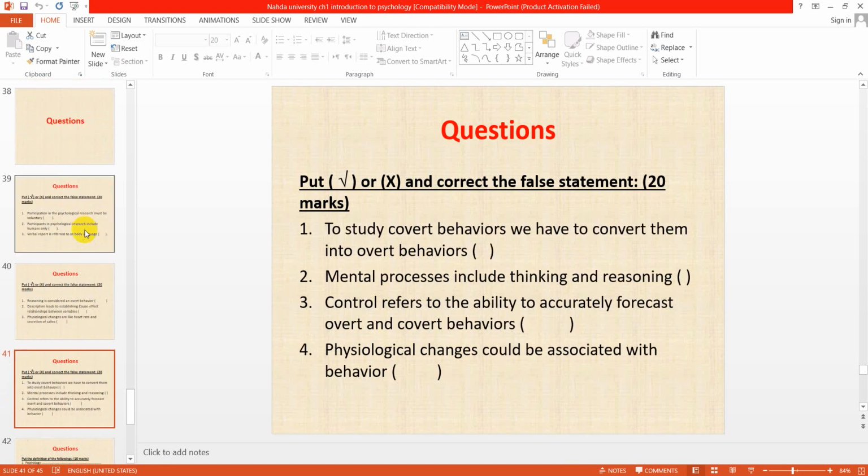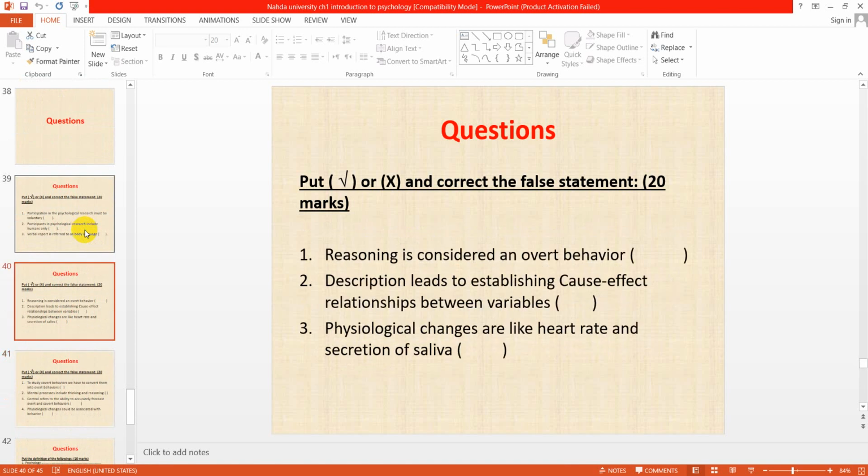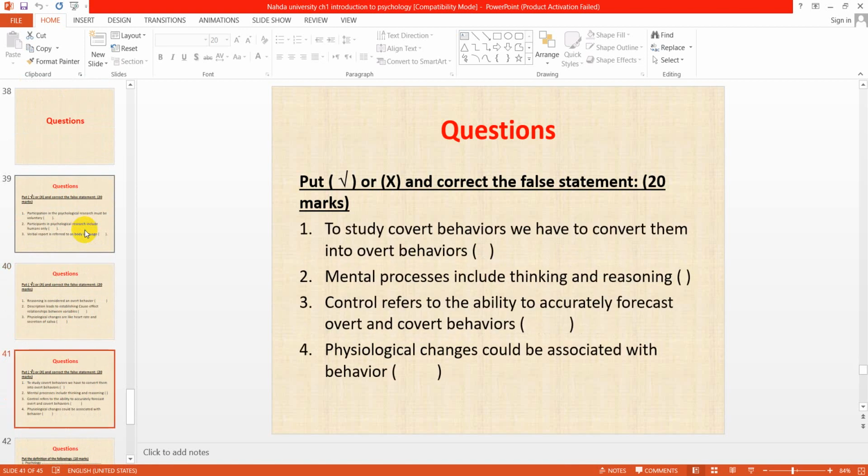Also put true or false and correct the false statement. We will continue with this type of question. To study covert behaviors, we have to convert them into overt behaviors. Mental processes include thinking and reasoning.